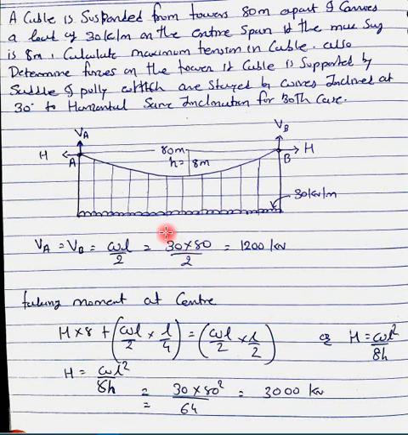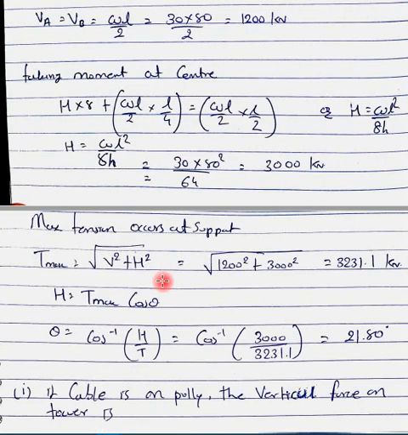Once we have calculated VA, the vertical reaction, and the horizontal reaction, we can determine the tension in our cable by taking the resultant of these two forces, which you have already studied in applied mechanics. So we can calculate our maximum tension.